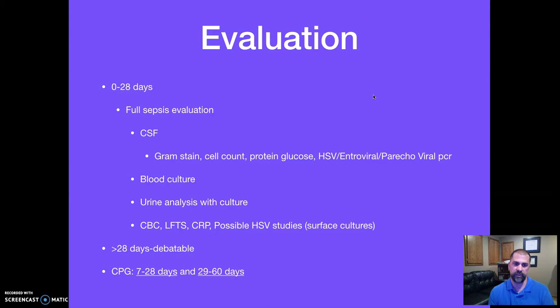Then they get a blood culture and urinalysis with culture. They may also get CBC, LFTs, and a CRP, as well as HSV studies if needed.